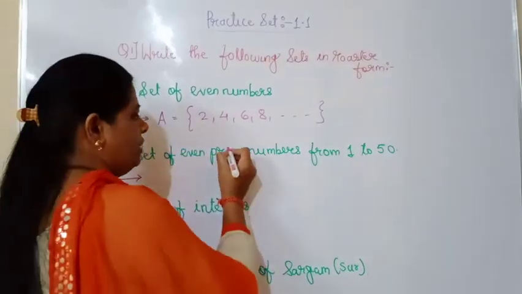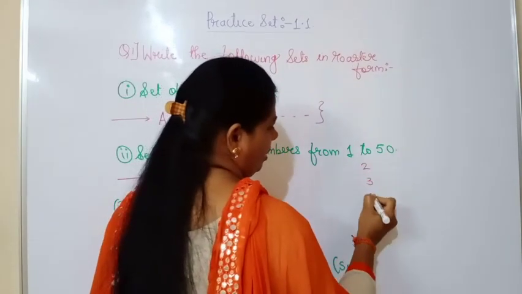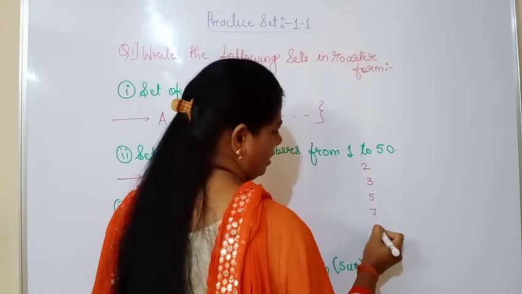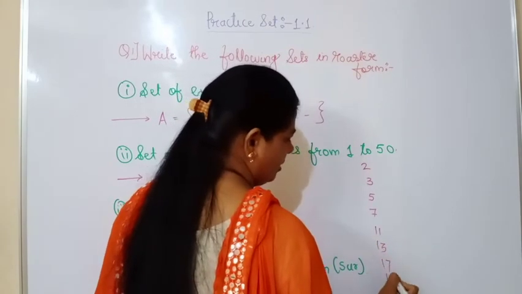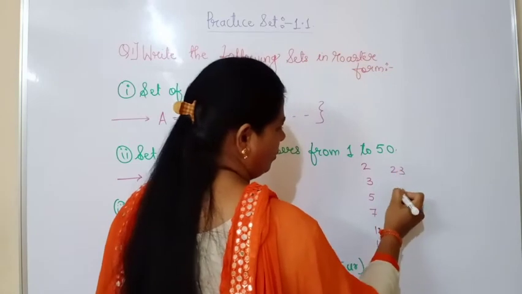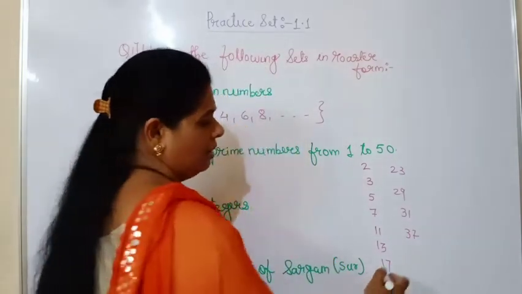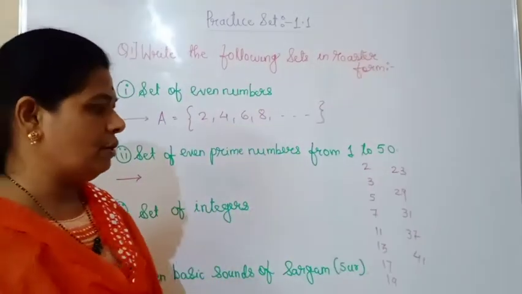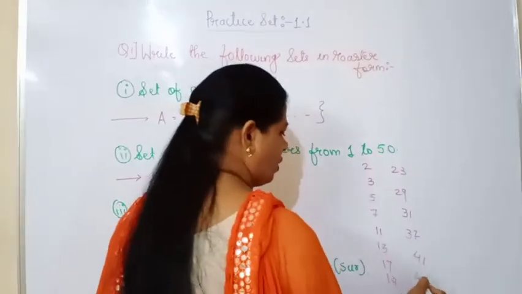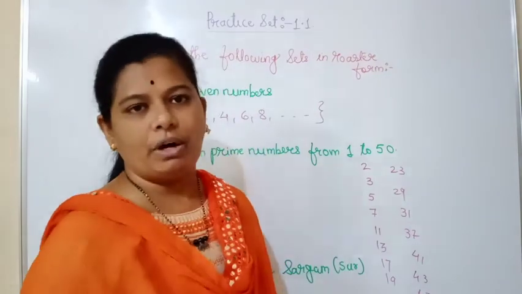So I will just write here some of the prime numbers, like 2, 3, 5, 7, then 11, 13, 17, 19, 23, 29, 31, 37. So these are the prime numbers. They have told 1 to 50, so we can write more, like 43, 47. These are the prime numbers between 1 to 50.